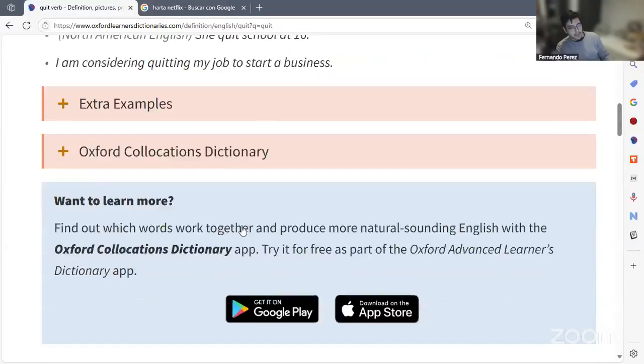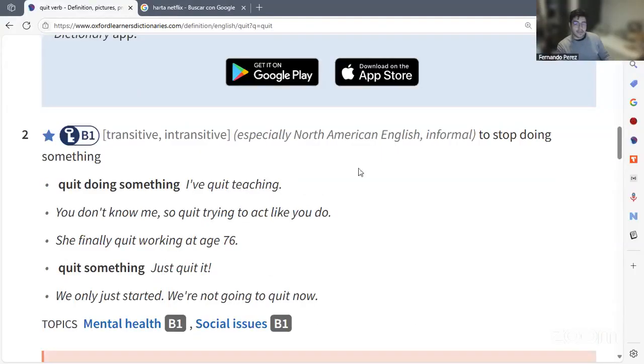For example, quit smoking, you know? I quit smoking 4 years ago. I used to smoke in the past. I quit smoking forever and ever. Do you understand? Yes, teacher. And at the same time, give up and quit need an ing, you need a gerund.